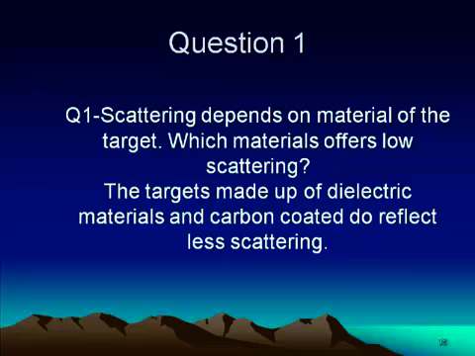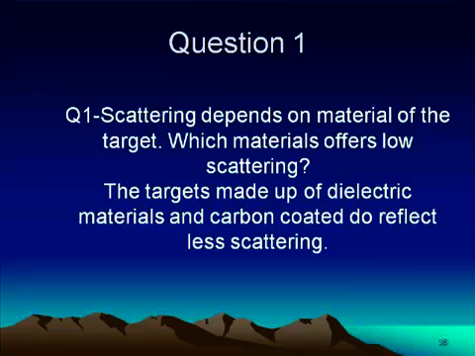Scattering depends on the material of the target. Which materials offer low scattering? The scattering of targets is due to the metallic nature of the objects. So, if the metallic nature is more, the scattering is going to be more from any target.